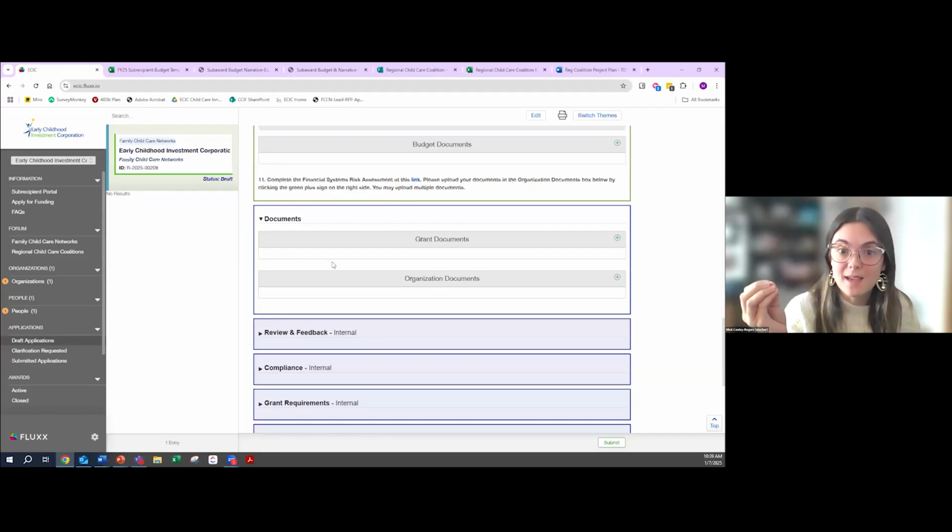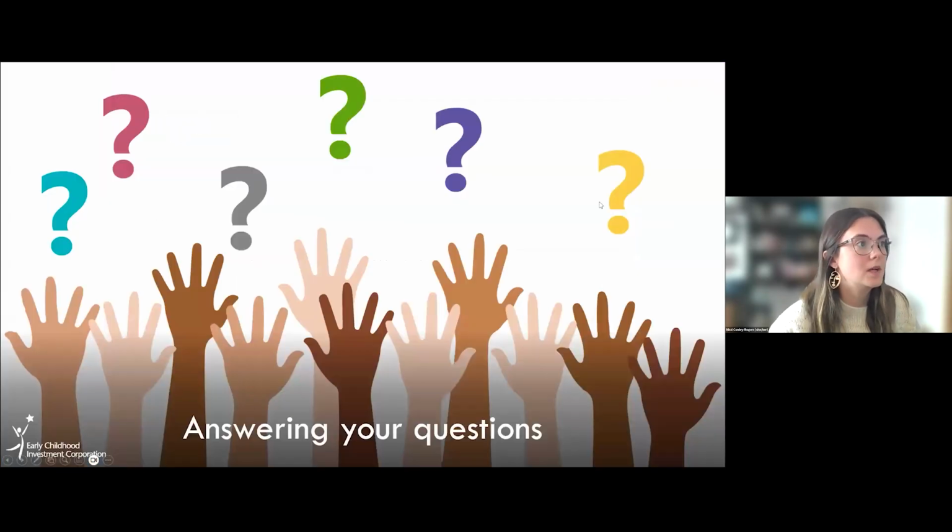And it looks the exact same for this application. So you'll notice this in the regional planning, that the last question has the link that was just placed in the chat, and that there are some additional sections where you can upload those documents that Kelly was just speaking about. Just wanted to point that out to clarify, and then I want to open it up for questions.